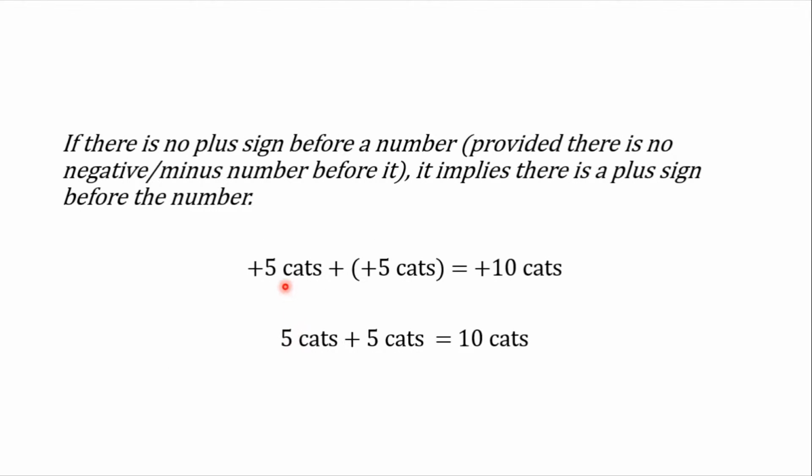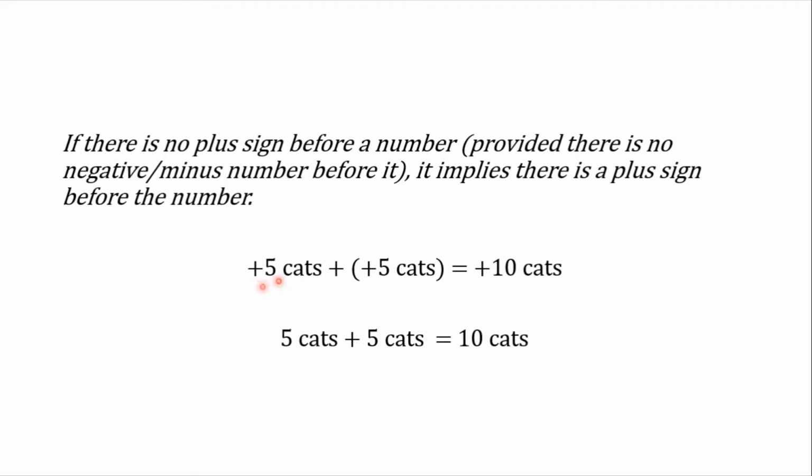I'd like to point out that if there is no negative sign or positive sign before a number in equations, provided there's no negative sign, of course, it implies that there is a plus sign before the number, or basically that number is positive.